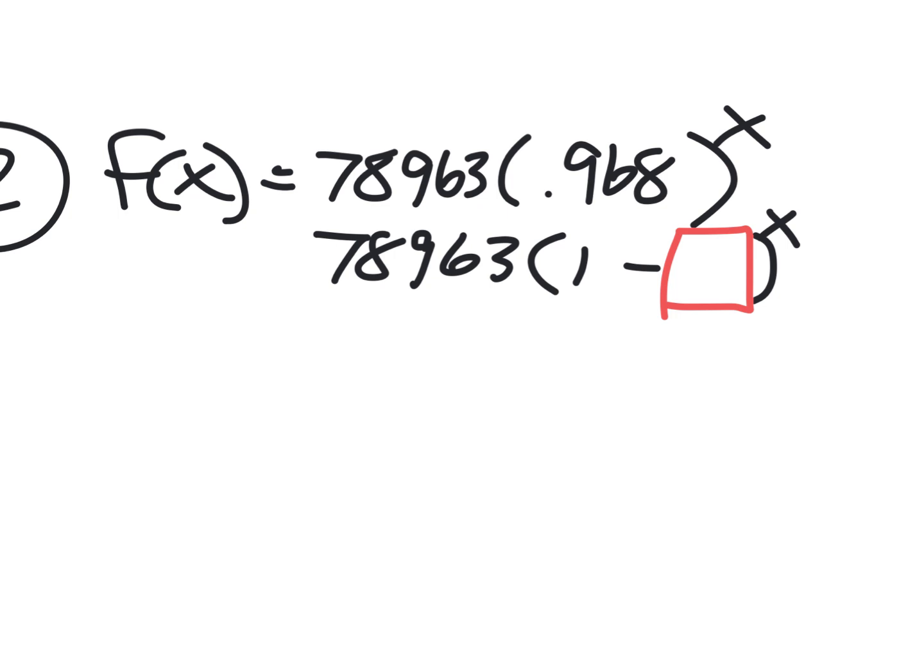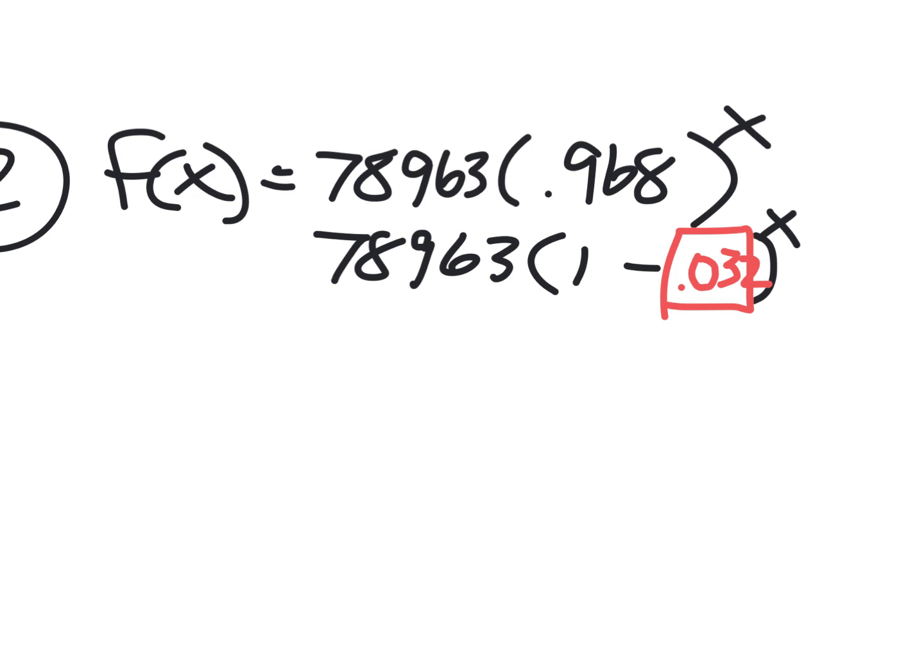I know this is going to make you do math, but you've got to figure out what you will subtract from 1 to get 0.968. I think it would be 0.032. I wouldn't mind if you used a calculator and took 1 minus 0.968 and figured out what that is. Can anybody verify that that's the right answer?